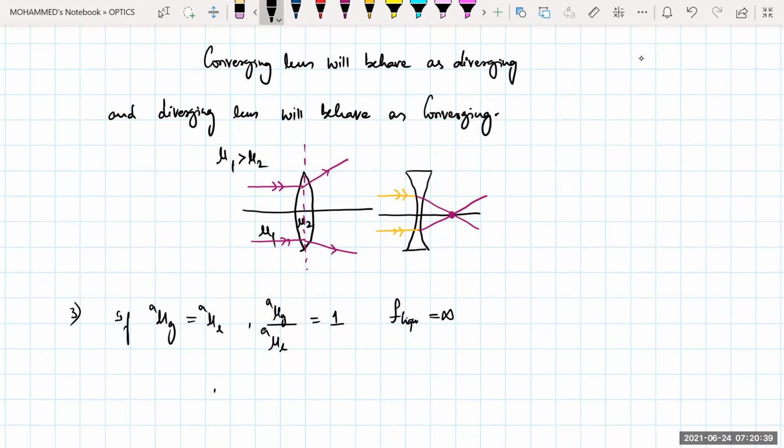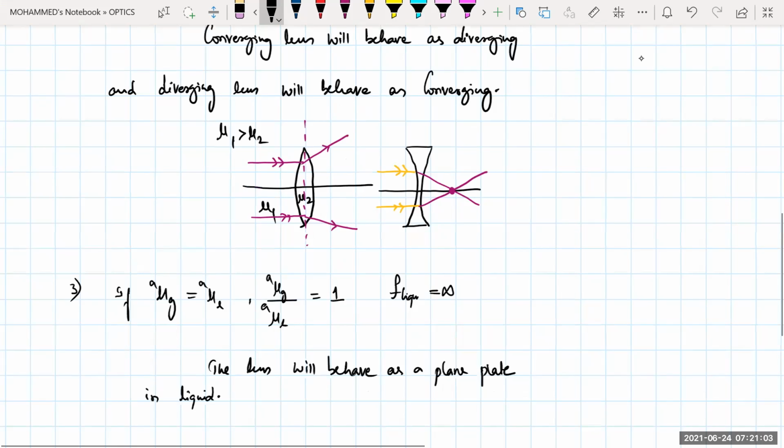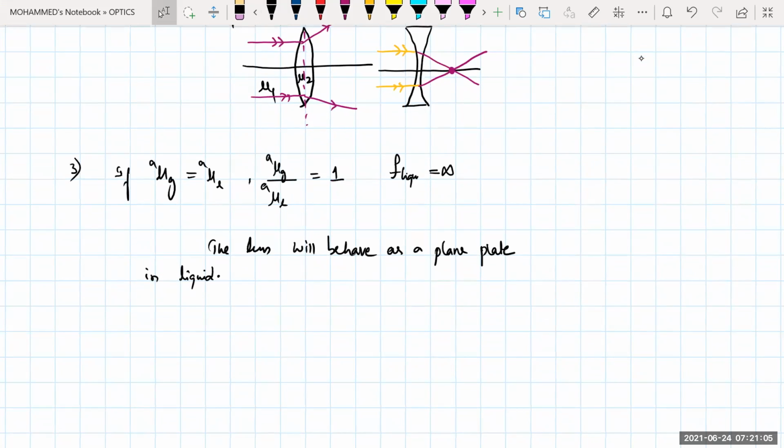So in this case, the lens will behave as a plane plate in the liquid. Any doubt in this one?